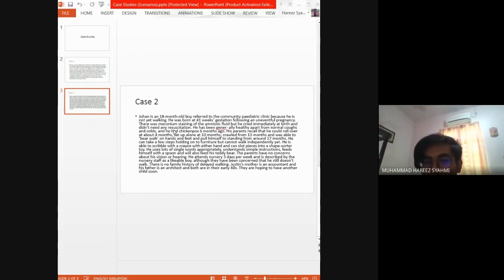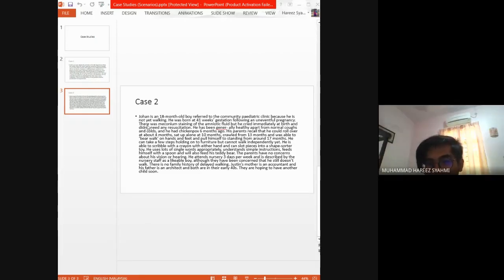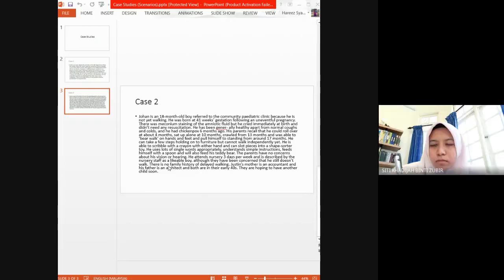However, he was not delivered preterm, which is a risk factor for cerebral palsy. And his mother also did not get any infection, so less likely to have any eventful event. So it might be less likely, and this case is cerebral palsy. Alright. But it can be a differential diagnosis.